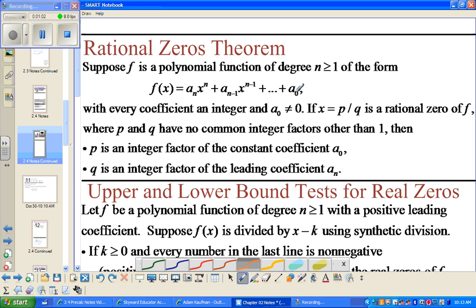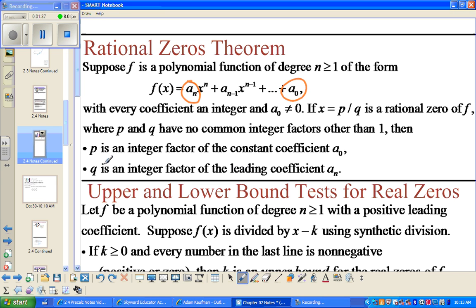Whatever your polynomial function is, you're going to take the leading coefficient and the constant. If they are integers, you're going to take the constant factors and divide them by the leading coefficient factors.